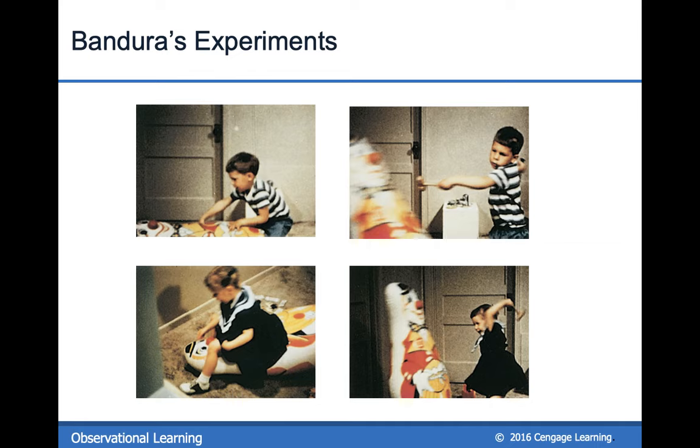All right, so we're going to be talking for a little while about Albert Bandura's work. And before I start, I want you to think for a second about what happens when you watch aggression on TV. If you watch, say, a boxing match or an MMA fight, maybe you've seen a fight in a hockey game or during a baseball game, or you've watched football, how do you feel afterwards?